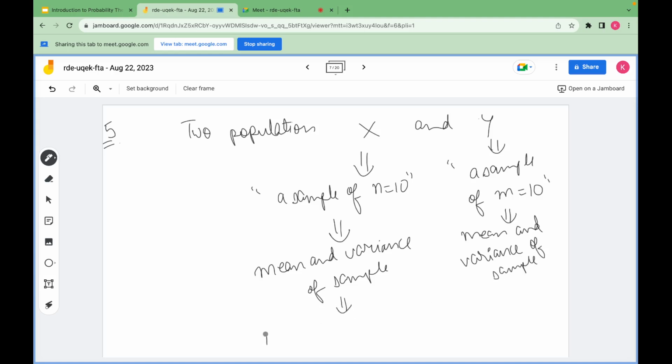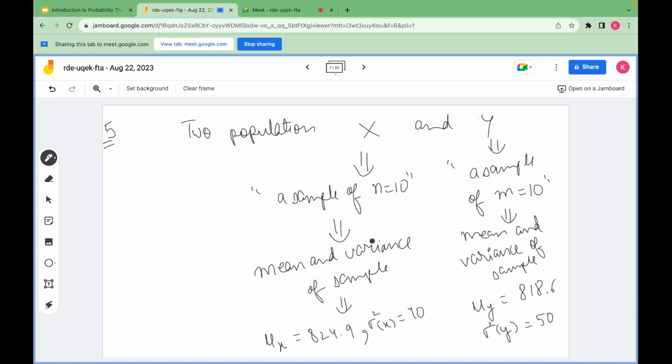So this mean mu x is 824.9, mu y is 818.6. This sigma square x is 40, this sigma square y is 50.